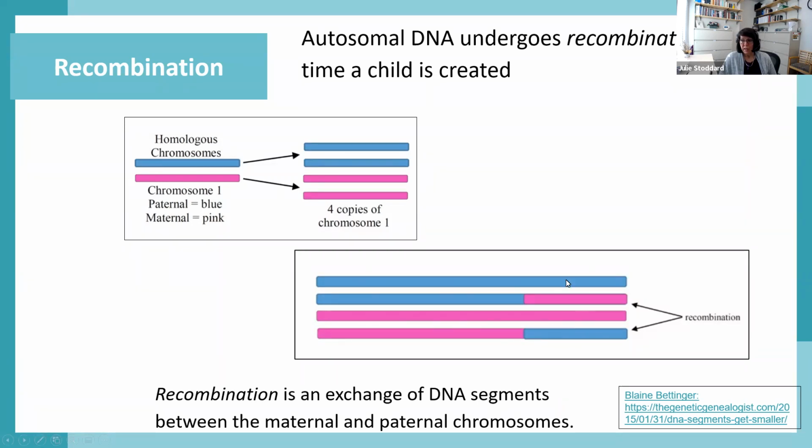And then these can recombine in any type of order. So then when I inherit it from my parent, my chromosome 1 will have a mix of blue and pink because I got some from my dad and some from my mom. So when we talk about recombination, that's just when these DNA segments exchange and then create the new chromosome in the child.